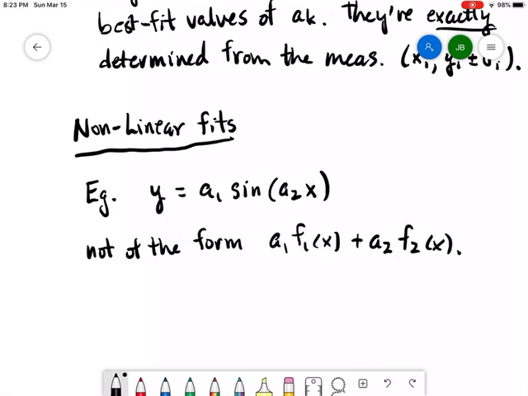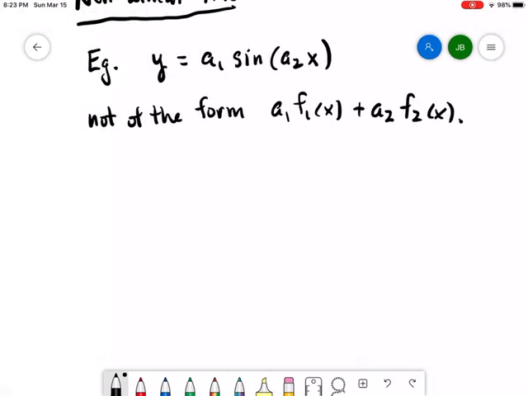So what I'd like to try to do is to construct a table where we try to take this nonlinear function and do the same types of manipulations we did when we were working out the best fit for, say, a straight line function. And I want to see where things start to break down.